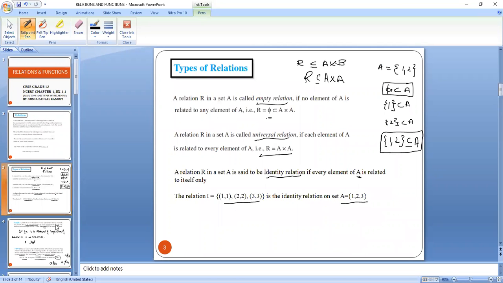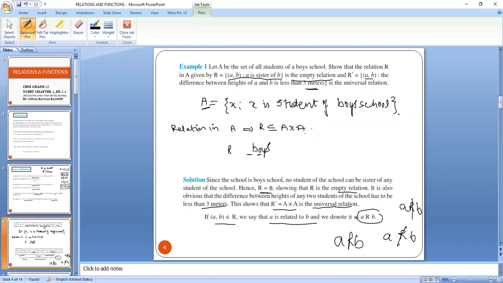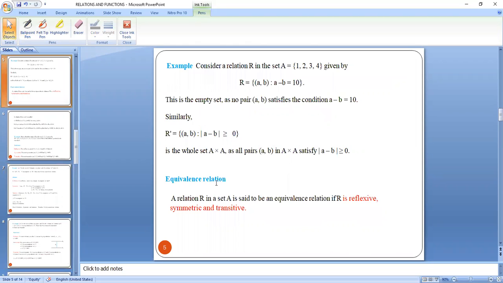Next, we will move to take one more example of this type only. Consider a relation R in the set A equal to {1, 2, 3, 4} given by R equal to {(A, B) such that A minus B is equal to 10}, right?